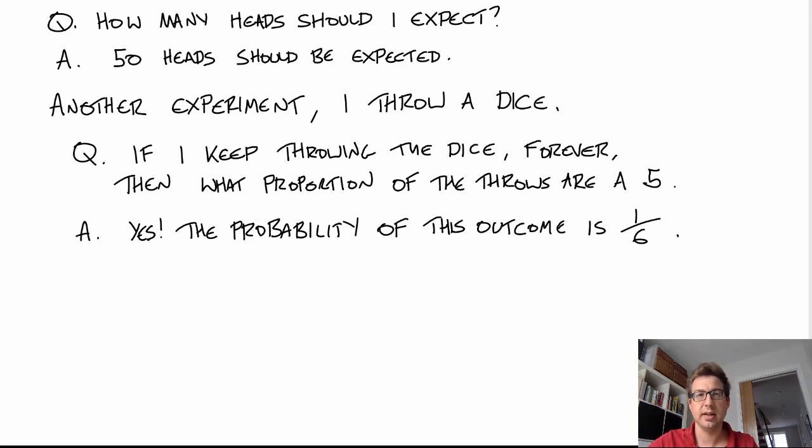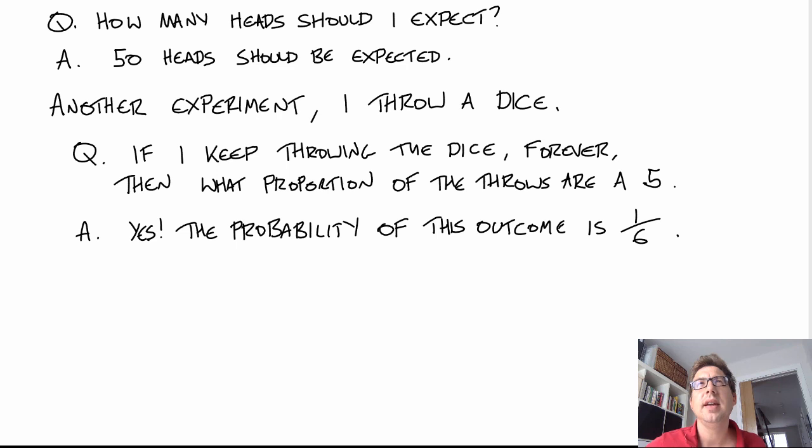In the case of the dice, we can expect a certain proportion of the time to get a 5, and with that, we get a number that's between 0 and 1. 1 meaning that event happens all the time, or 0 that it never happens, or in this case, 1/6. So notice that the probability in some sense is an idealized limit. If I kept doing something forever, then it's the idealized proportion of time that something happens.